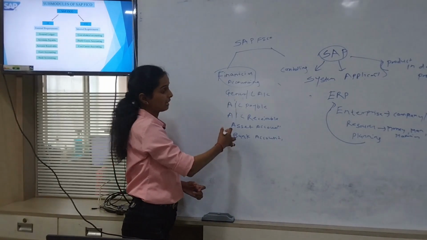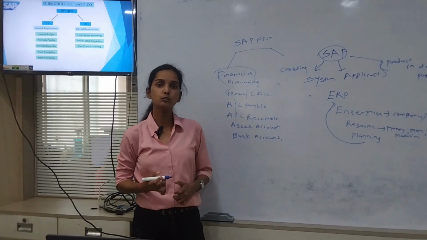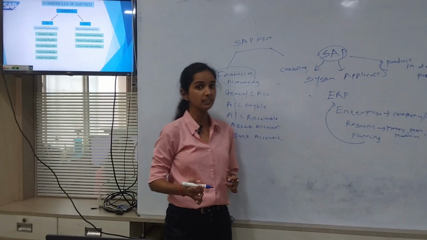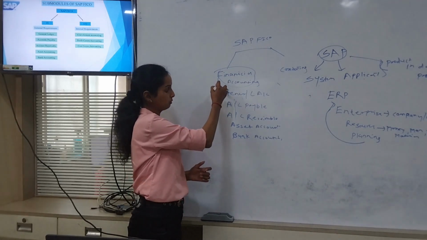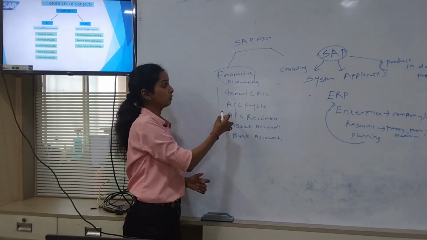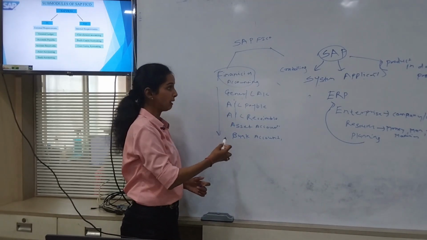These modules are basically for external reporting purposes. When we report to our external stakeholders or government, we have to do the reports in modules like general ledger accounting, accounts payable, accounts receivable, asset accounting and bank accounting.